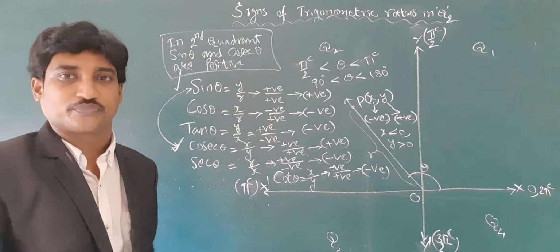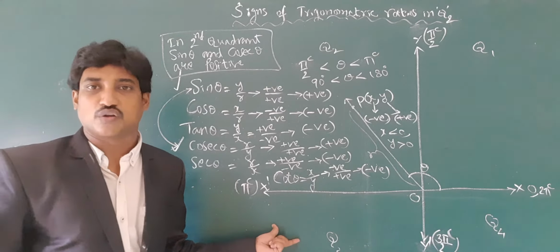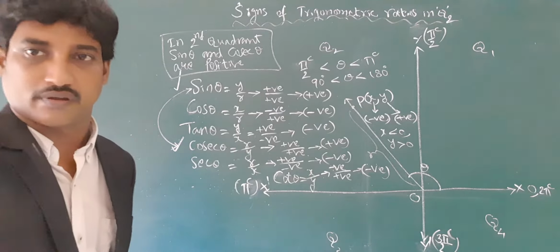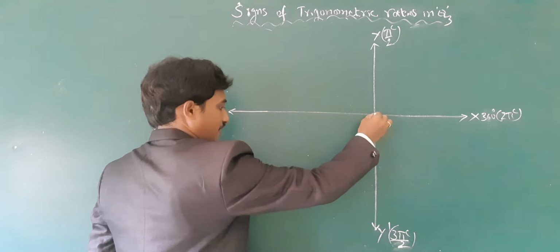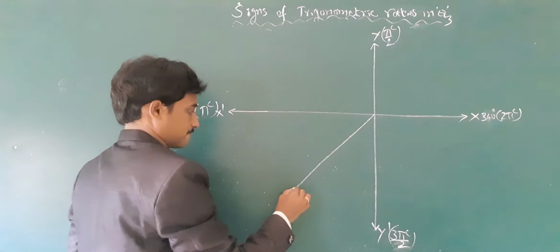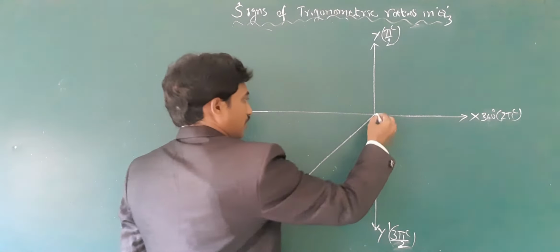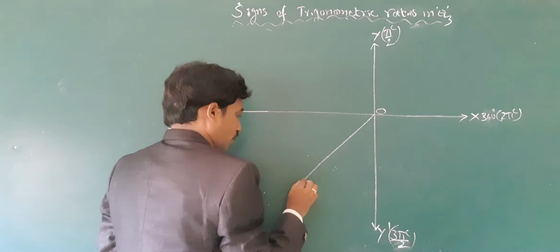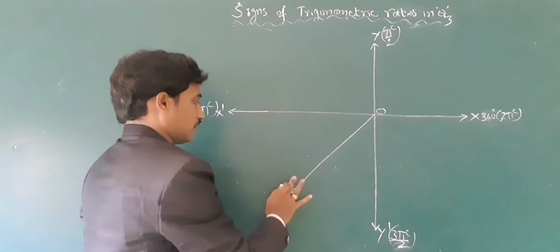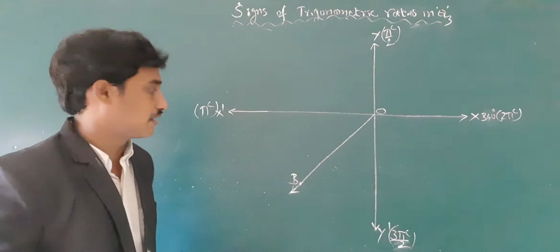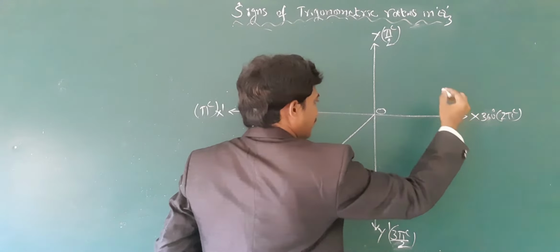Now let us know the signs of different trigonometric ratios in the third quadrant, Q3. If the terminal side is in the third quadrant, let us find the signs of the trigonometric ratios. Here, I am taking OB as the terminal side, with OA towards the x-axis.